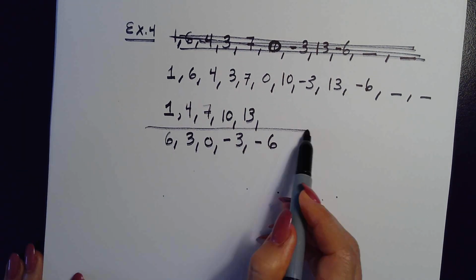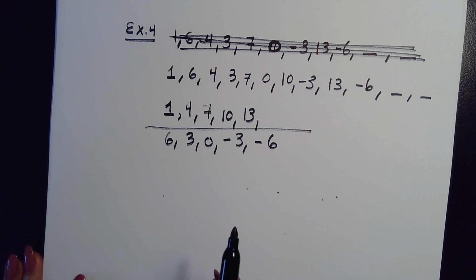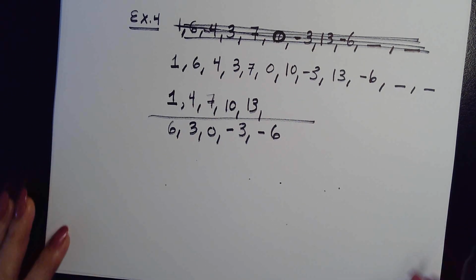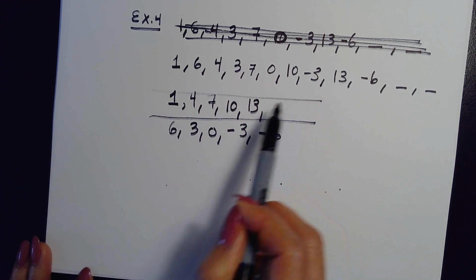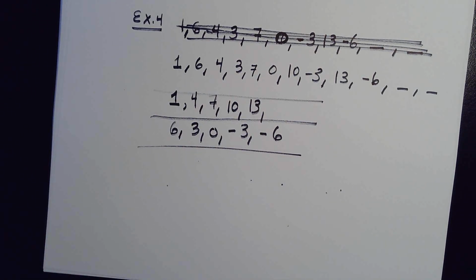Okay, so notice what I did. I'm jumping one number between each one, and then I'm looking at two separate sequences. So if I look at these two separately, maybe I can figure out what's going on here.